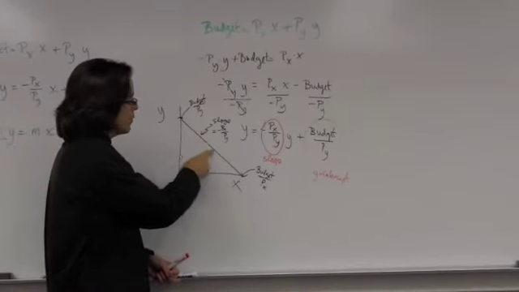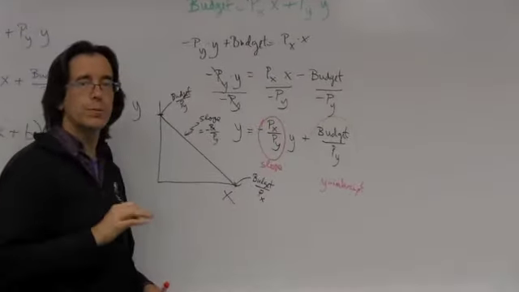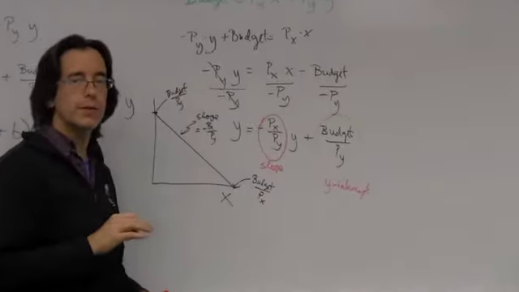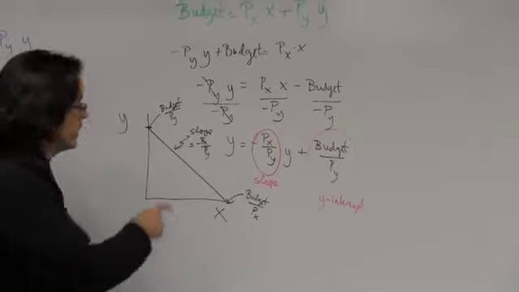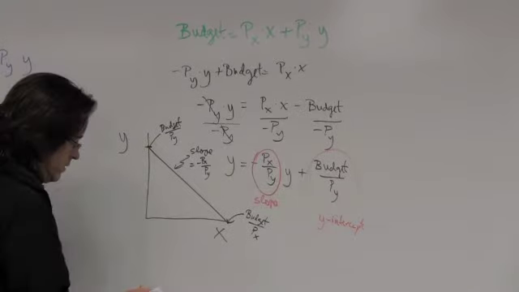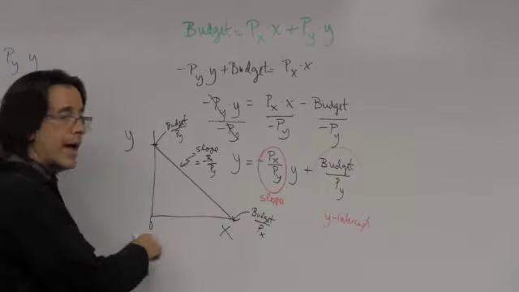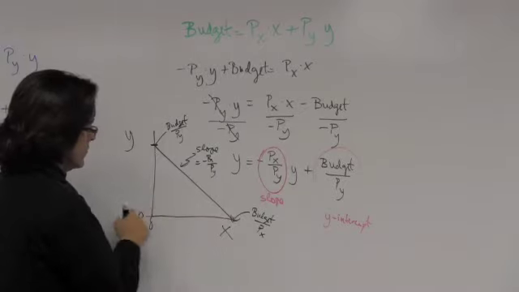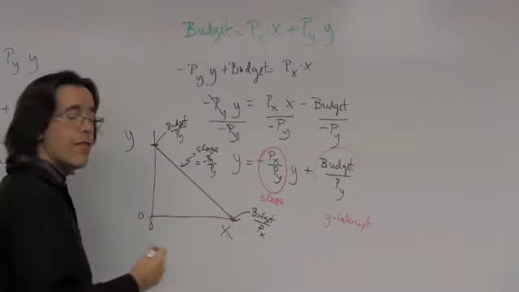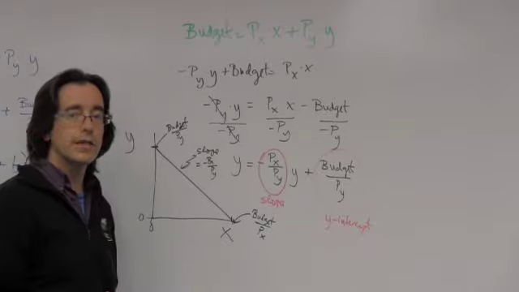Regardless of where we're at, we're always spending the same amount of money, but it's different combinations of X and Y. If we're here, this would be zero amount of X and the maximum amount of Y. If we were down here, it's zero amount of Y and the maximum amount of X that could be purchased with the budget.